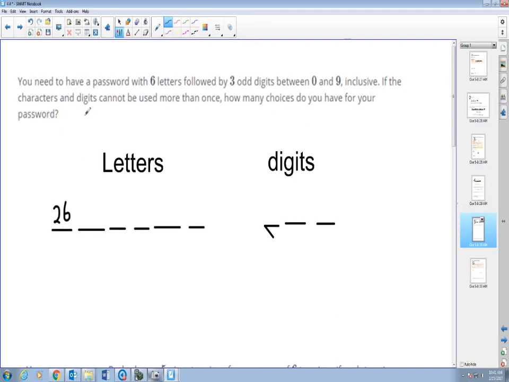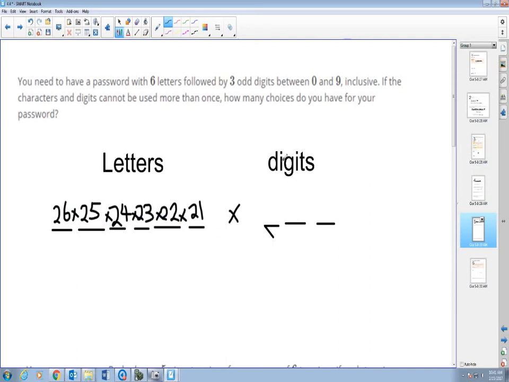The problem says we cannot use the letters and digits more than once, so for the next letter I only have 25 to choose from. The next one, 24. 23. 22. And 21. There you go. That sounds like 26 letters choosing 6 of them. Followed by, so we multiply again. This is one task followed by the other, so all of this is going to be multiplication.